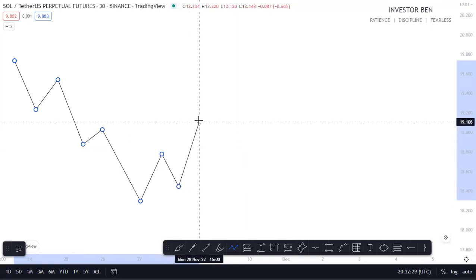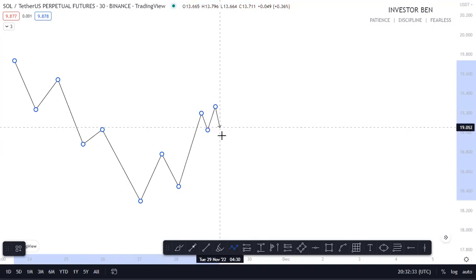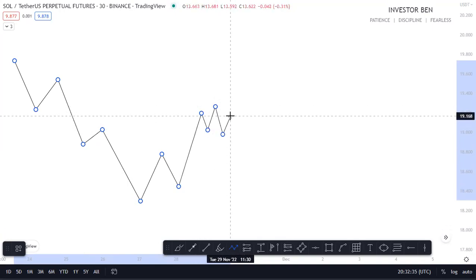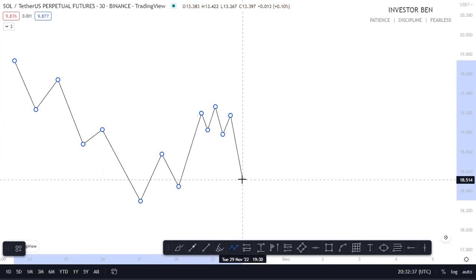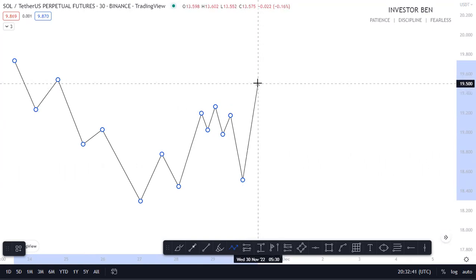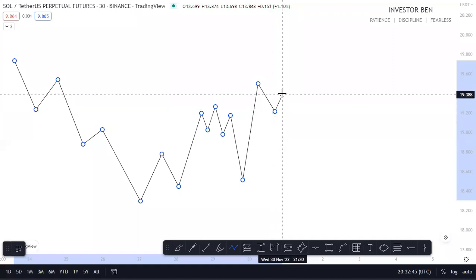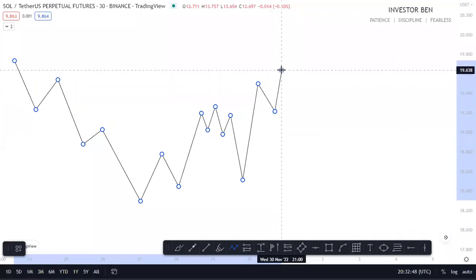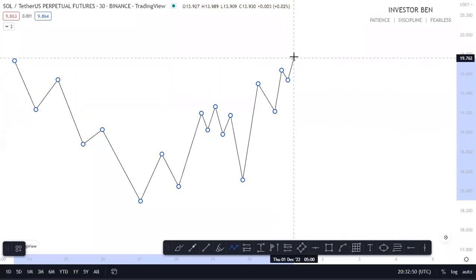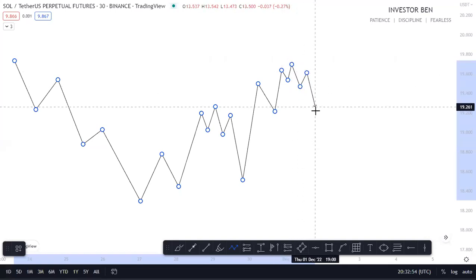So let's try to draw structures, I mean structures that really exist in the market. I need to draw structures. I think this should do. Trying to draw structures that exist.